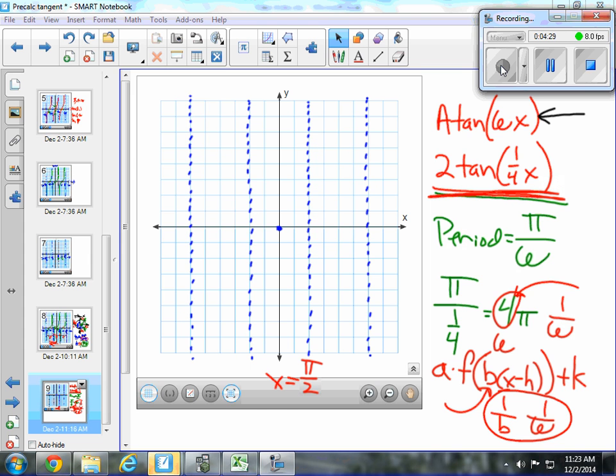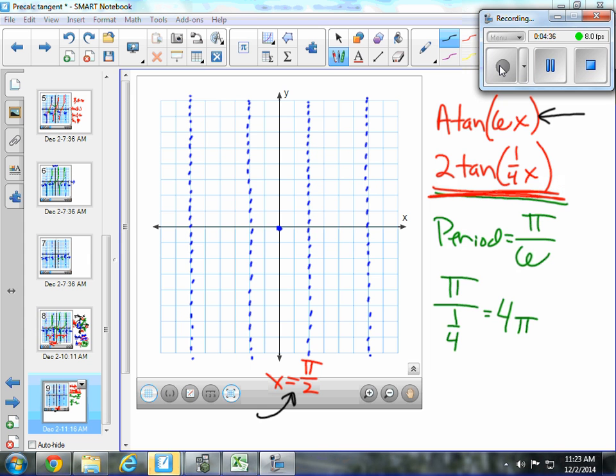And my asymptote right here is an x value. So if I multiply pi over 2 by 4, that's my 1 over b, I get 2 pi. So instead of it being pi over 2 where my asymptote is going to be, the asymptote is really going to be at 2 pi.